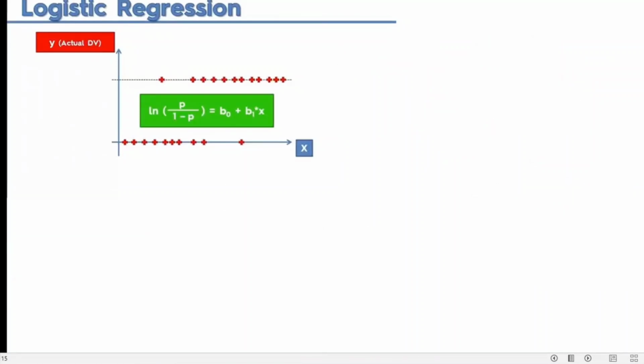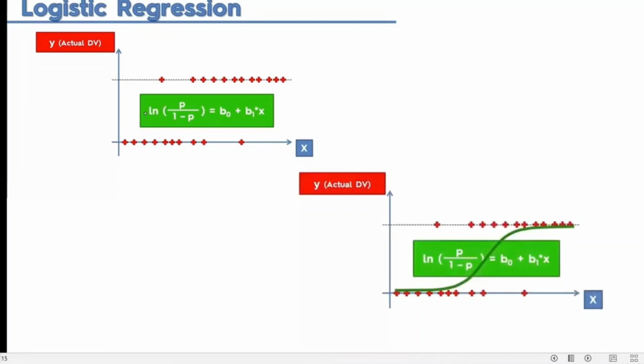So here, instead of a simple line, we take a probability line. For different values, we get different probability values. If you take the curve, the value will be between 0 and 1 only. It can't cross 1 and can't be less than 0. For each x value there is a corresponding probability, such as 0, 0.1, 0.2.